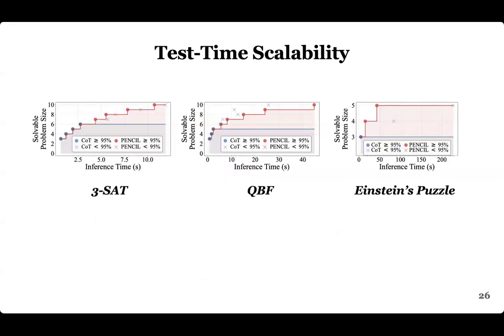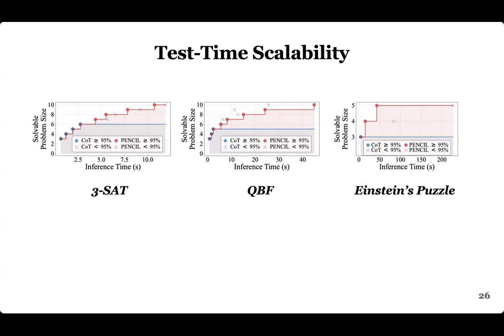Also, we compare the test time scalability of Pencil and chain of thought on these problems. In these figures, the x-axis is the inference time budget, and we consider the size of problems chain of thought and Pencil can solve. As we can see from this figure, the blue line refers to chain of thought and the red line refers to Pencil. Chain of thought has a limit of test time scaling.